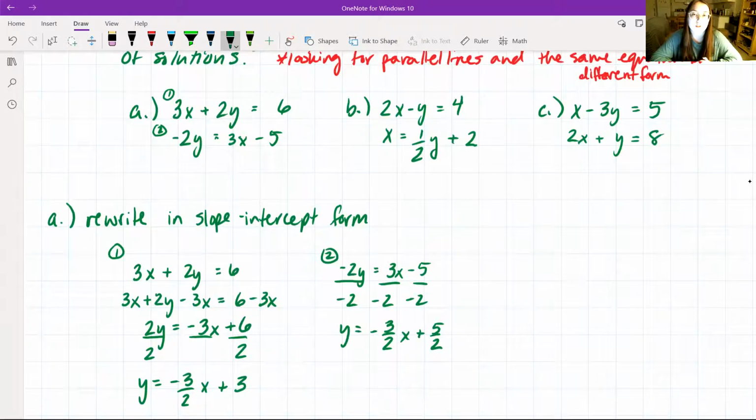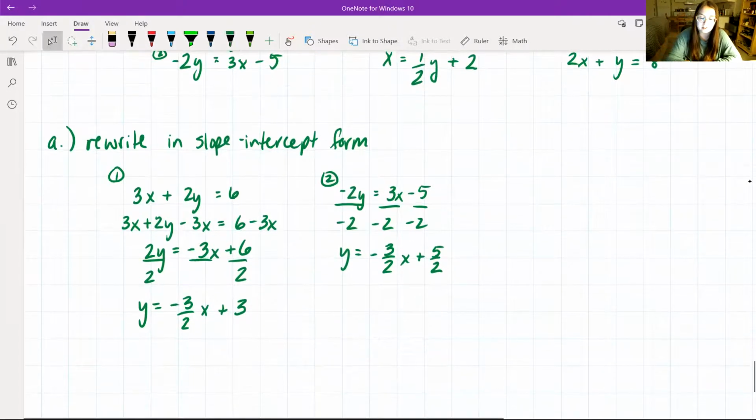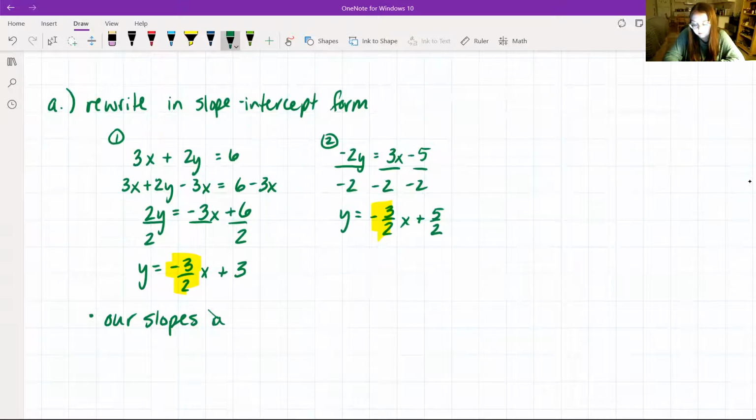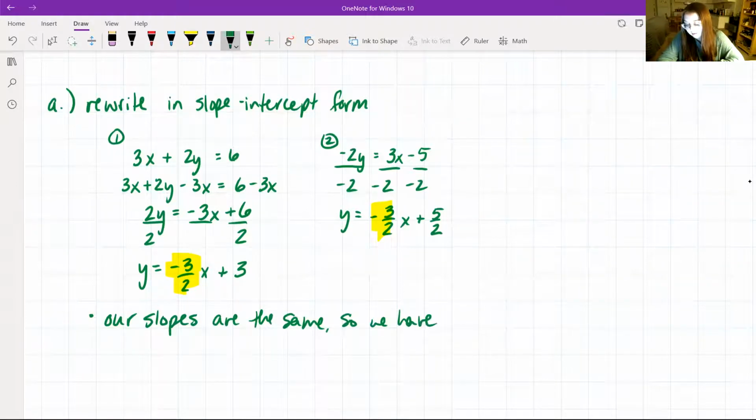So our y-intercepts are different, but our slopes are the same. So we have parallel lines.